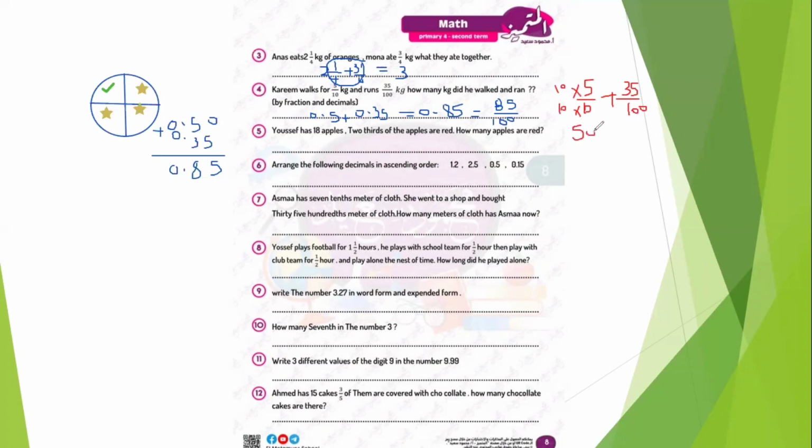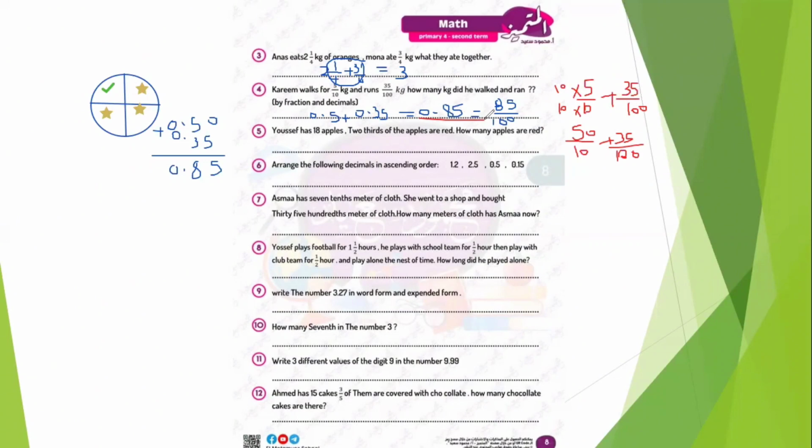It will be 50 out of 100 plus 35 out of 100 equals the same answer, 85 out of 100. Then convert it to decimal to be 0.85.